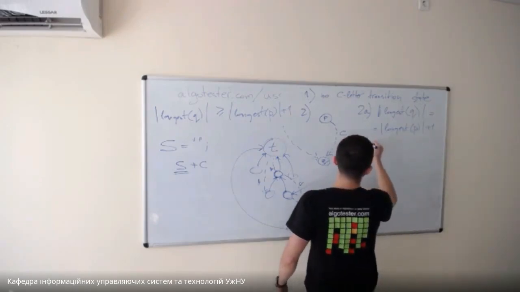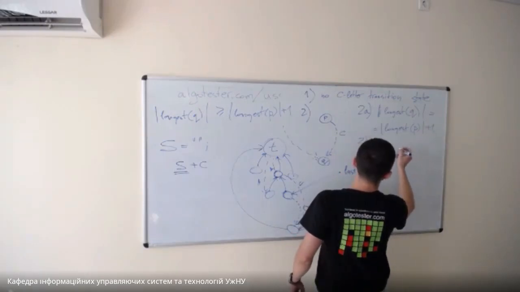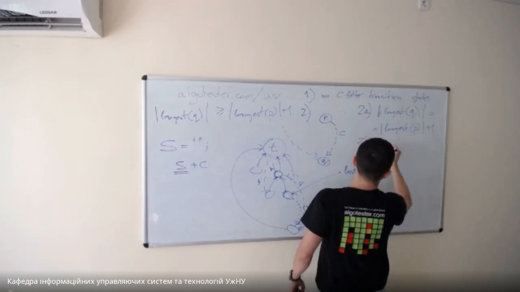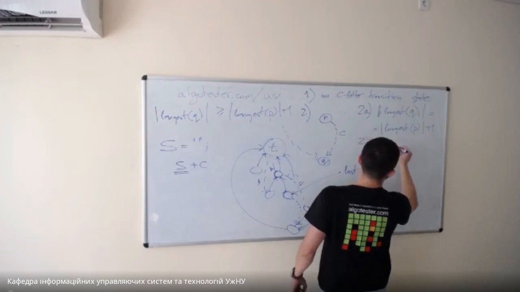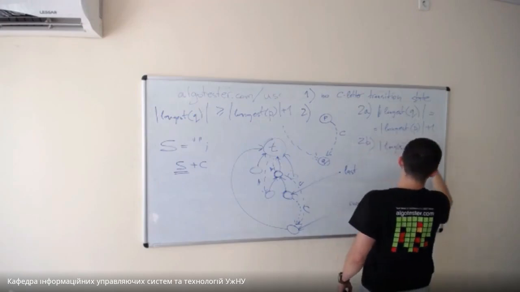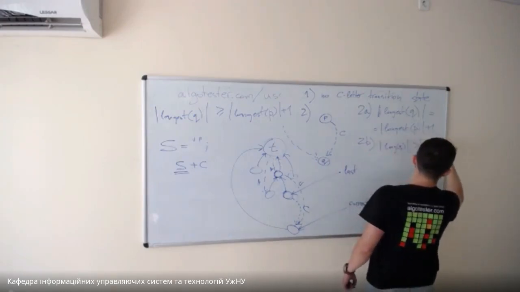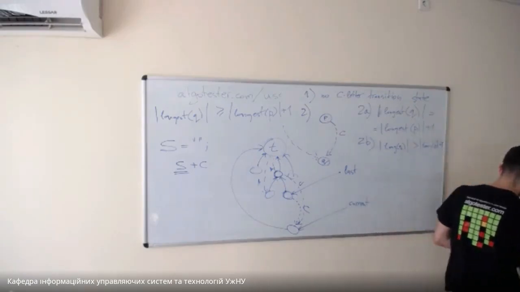And case 2b is when it's greater than longest P plus 1.